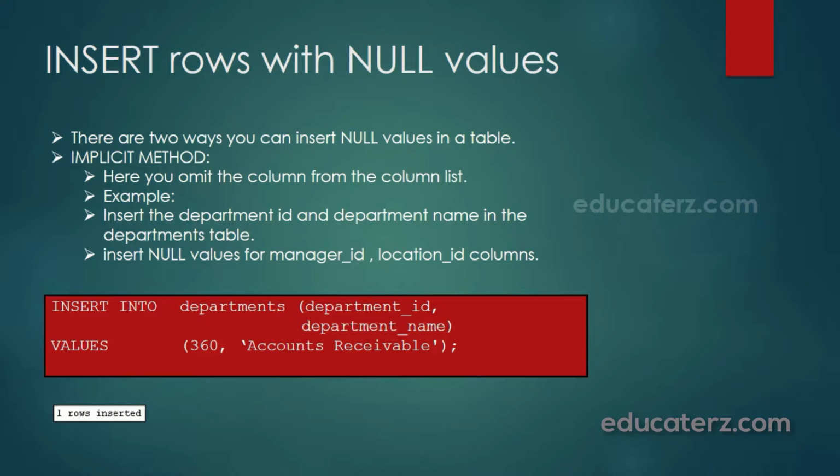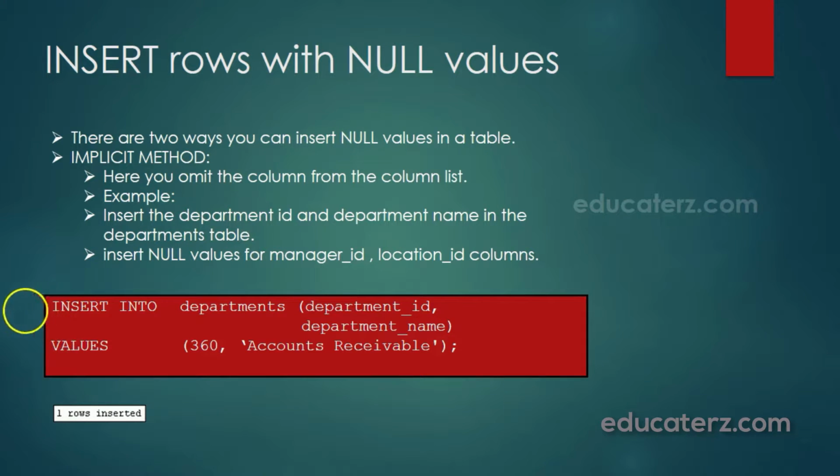We don't insert values for the manager ID and location ID columns. We only insert values for department ID and department name. Automatically, null values are inserted for the manager ID and location ID columns.